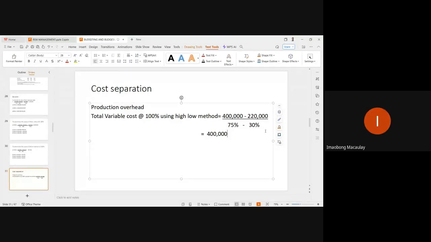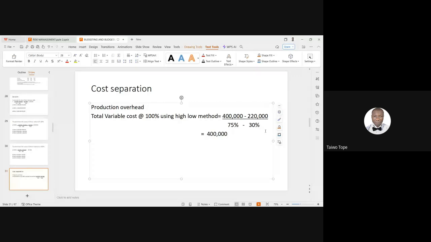It contains both variable and fixed cost. So how do we know that the 400,000 is variable, and what portion is going to be the fixed cost? 400,000 is our total variable cost at 100%.